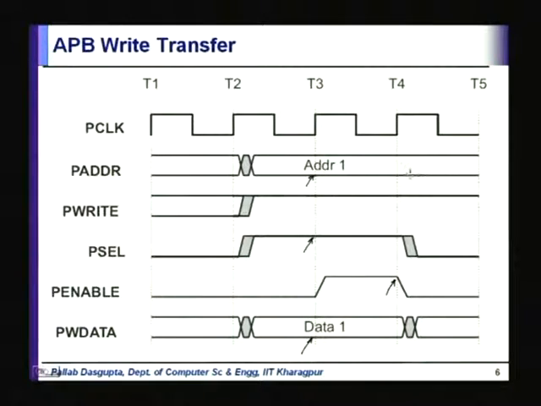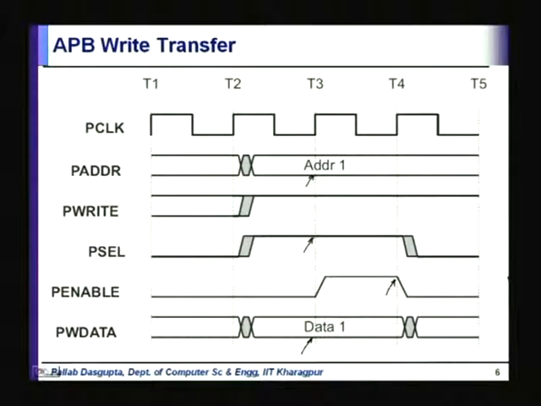Similarly, if the master wanted another transfer, then it could float another address here, right. But see, the interesting thing here is that P enable goes high here and will go down here, okay. If there is another address being floated, then it is going to get latched in the next cycle when again P enable is raised. So there is one cycle gap between the data transfer.